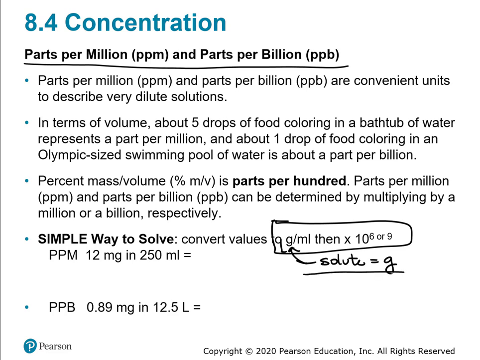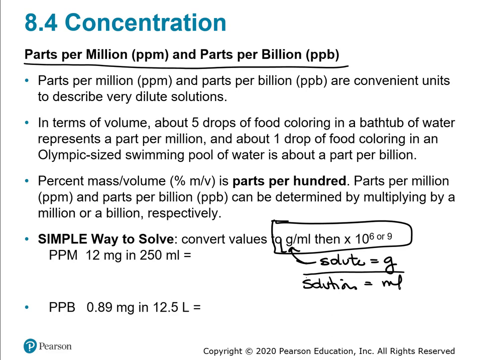Make sure that your total volume, your solution volume, is in milliliters. If you do this, you divide grams by mL, and if you want to know parts per million, you just multiply this answer times a million. If you want to know parts per billion, you just multiply this number times a billion. So a million is a 1 with 6 zeros, a billion is a 1 with 9 zeros.